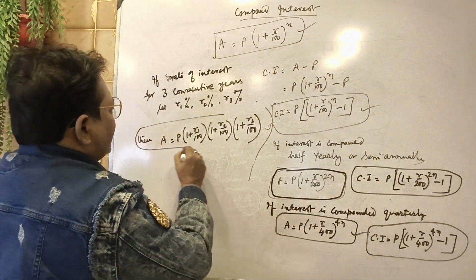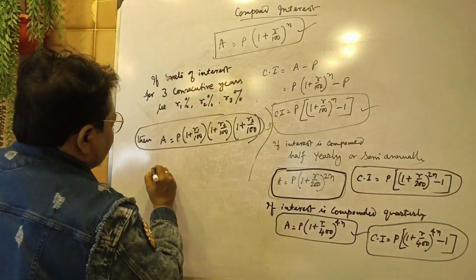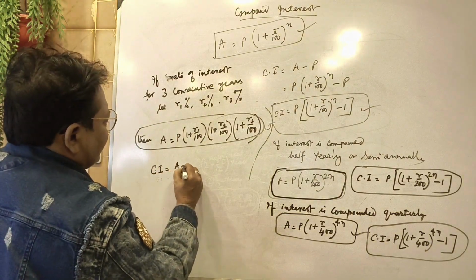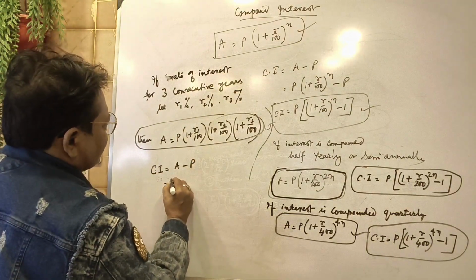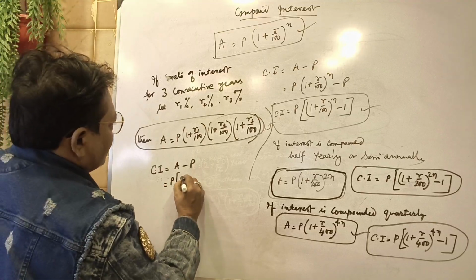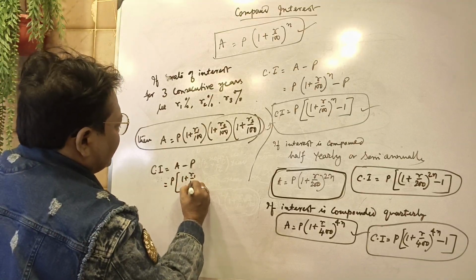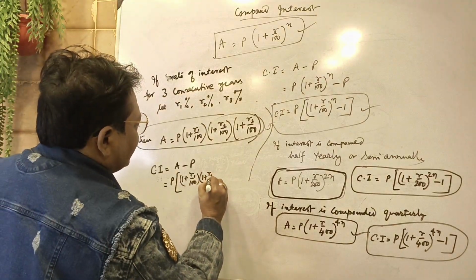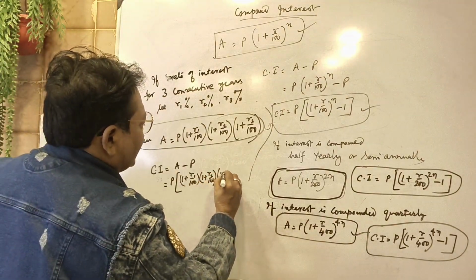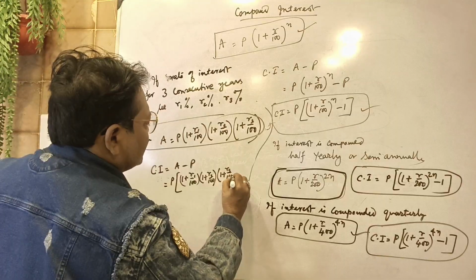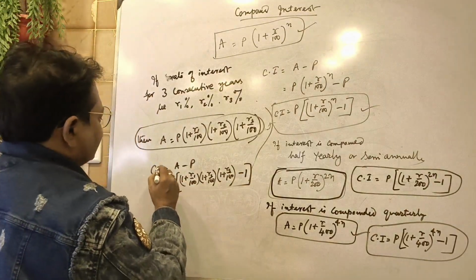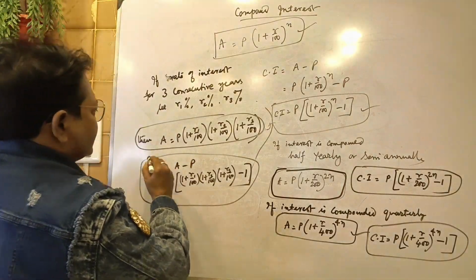Here we will get the amount, and similarly the compound interest is equal to A minus P, that is P into 1 plus R1 by 100 into 1 plus R2 by 100 into 1 plus R3 by 100, minus 1. This is the formula of compound interest for this case.